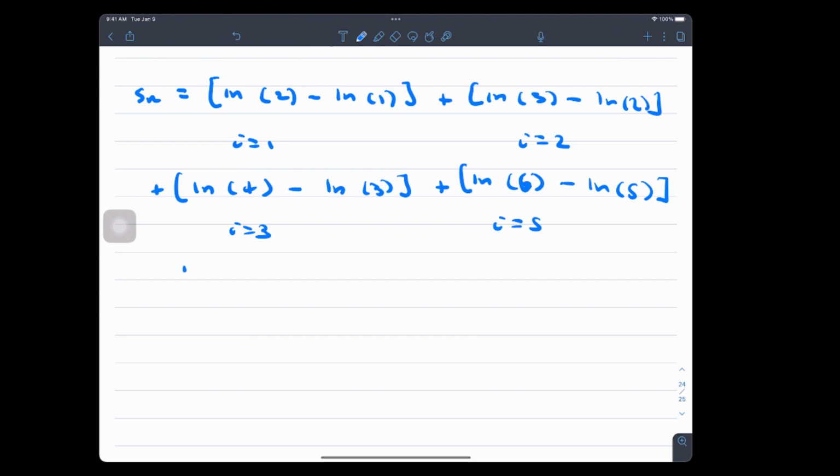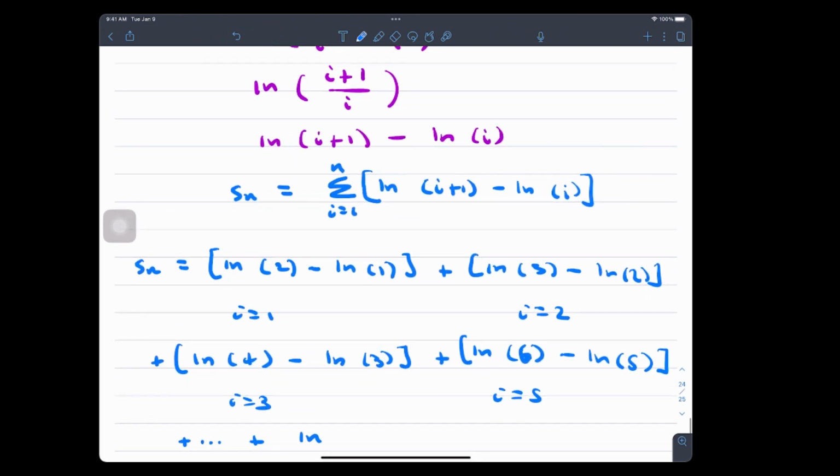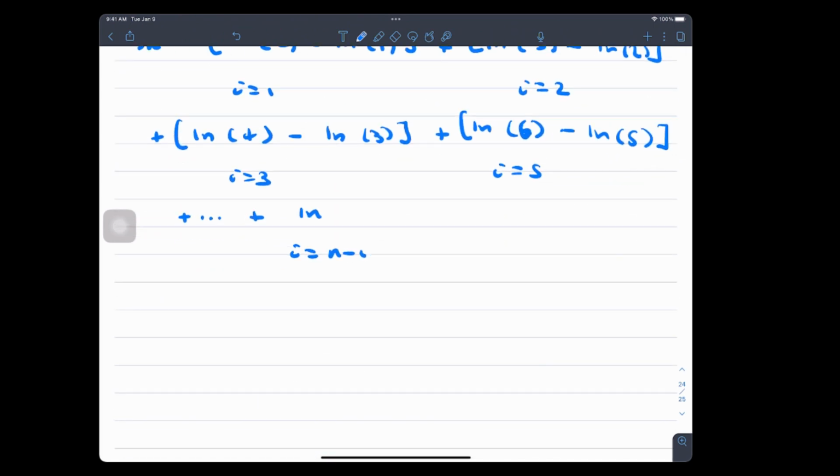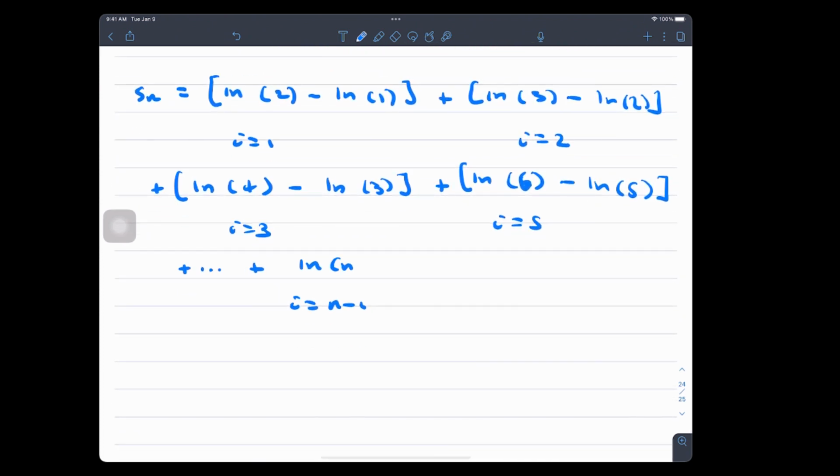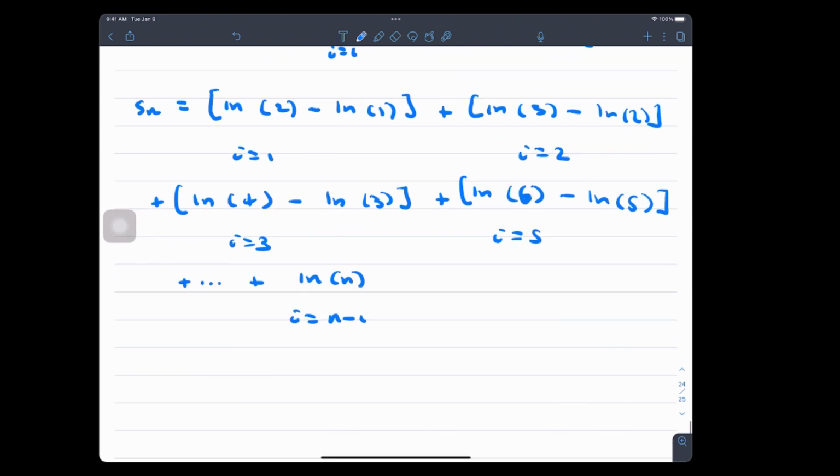And so this is going to continue all the way up to, let's say, what happens when i is n minus 1? Well, then we get the prior term, that's natural log of n minus 1 plus 1, that's n, right? Minus natural log of n minus 1.